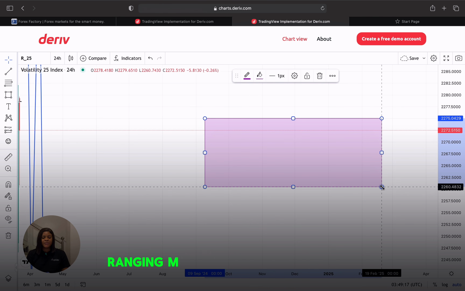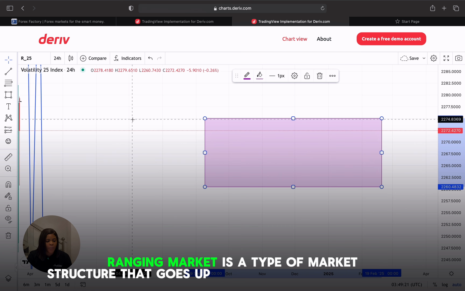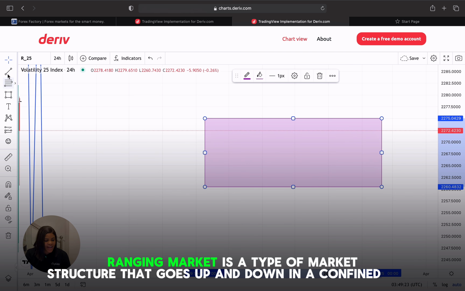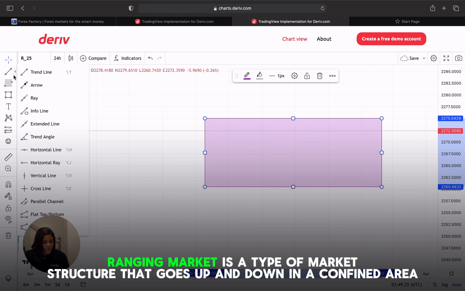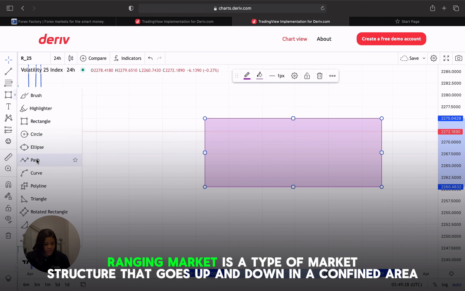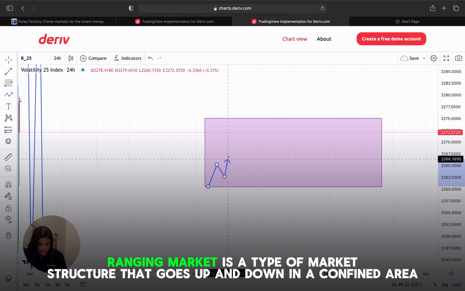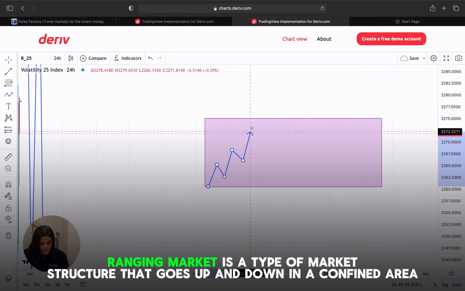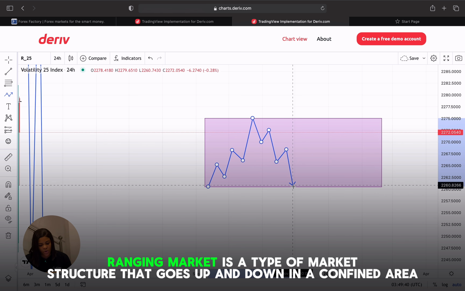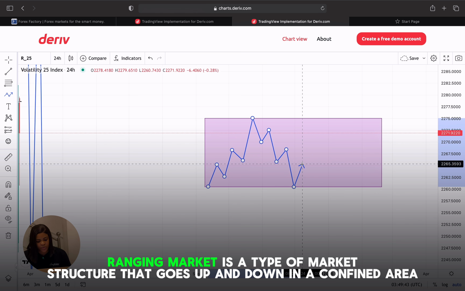A ranging market is simply a type of market structure that goes up and down in a confined area.